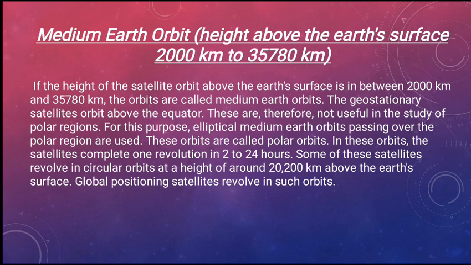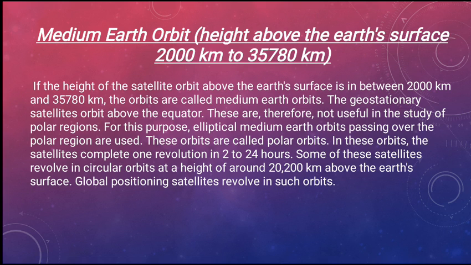Now, the next one is the medium Earth orbit. As you can clearly see, the height above the Earth's surface is 2000 km to 35,780 km.